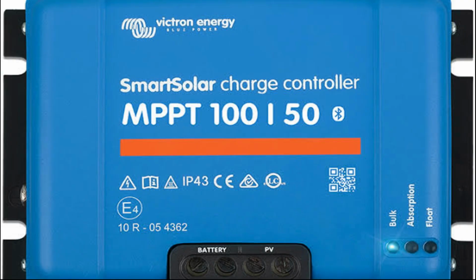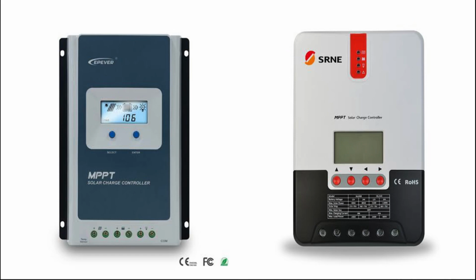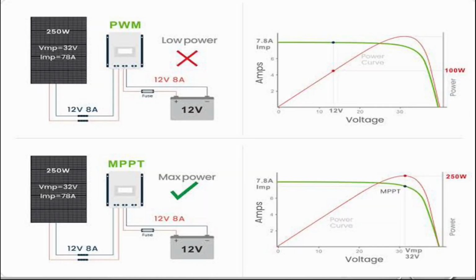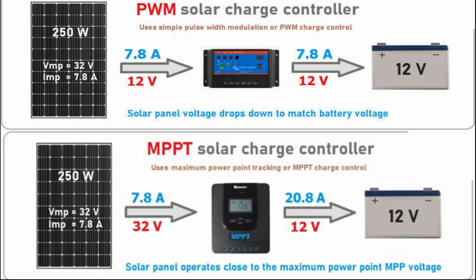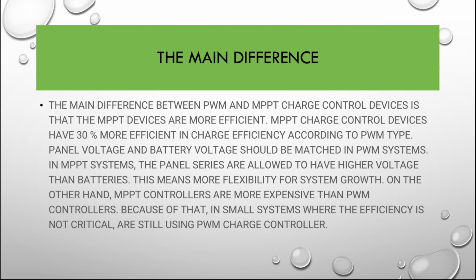Difference between the two controllers. The main difference between PWM and MPPT charge control devices is that MPPT devices are more efficient. MPPT charge control devices have 30% more charge efficiency compared to the PWM type. Panel voltage and battery voltage should be matched in PWM systems.